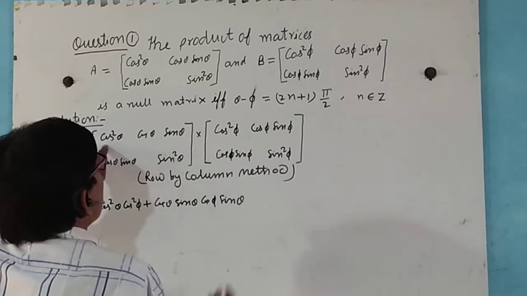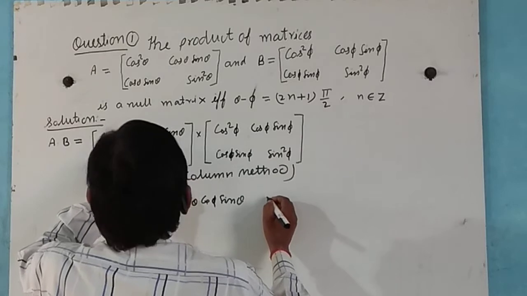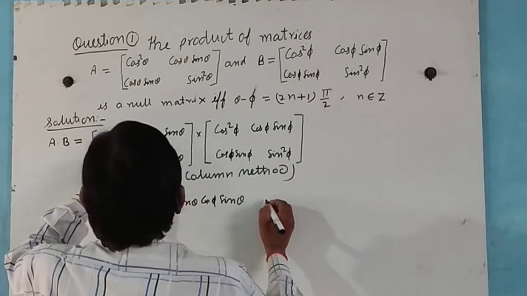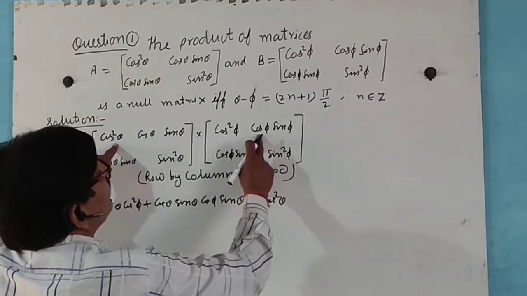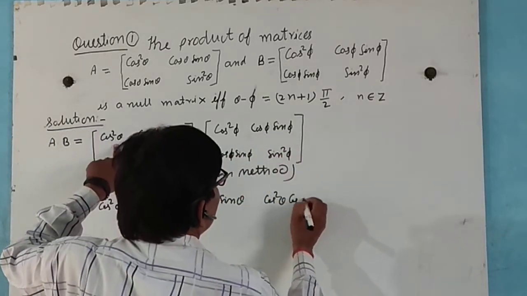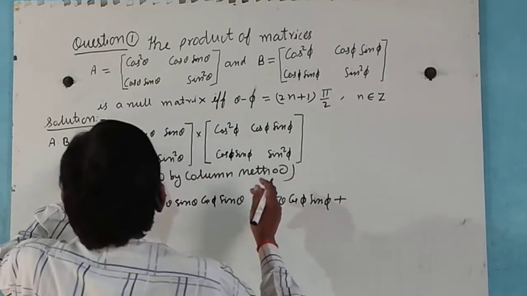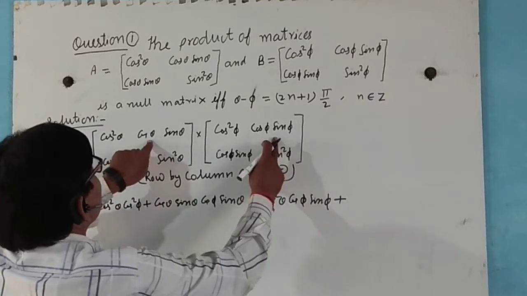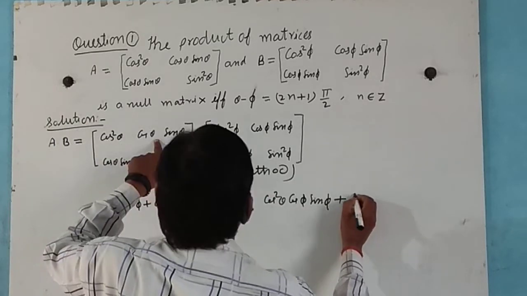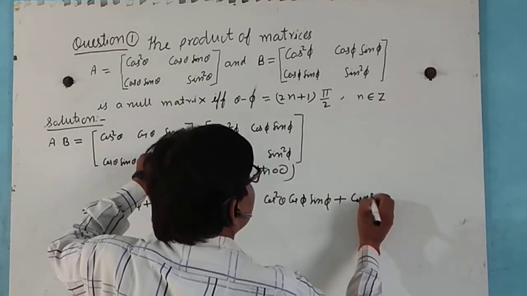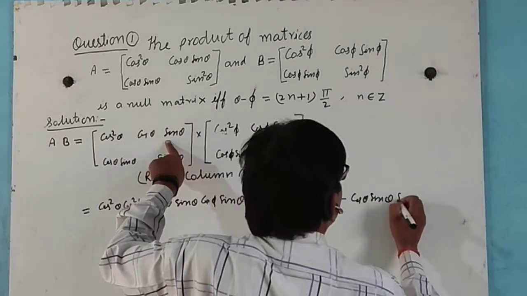Now, row by column method in this case: cos square theta cos phi sin phi plus, the product of this, cos theta sin theta and sin square phi.